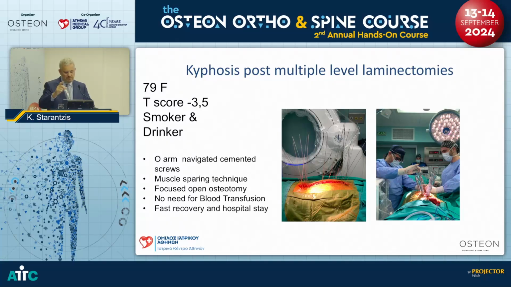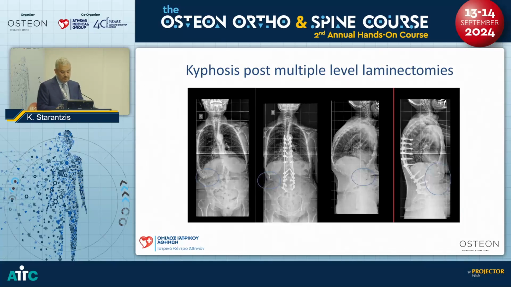We did just a focal open osteotomy at the apex of the curve. I think the operation took 6 hours to do. She had no blood transfusion, and she had this outcome.